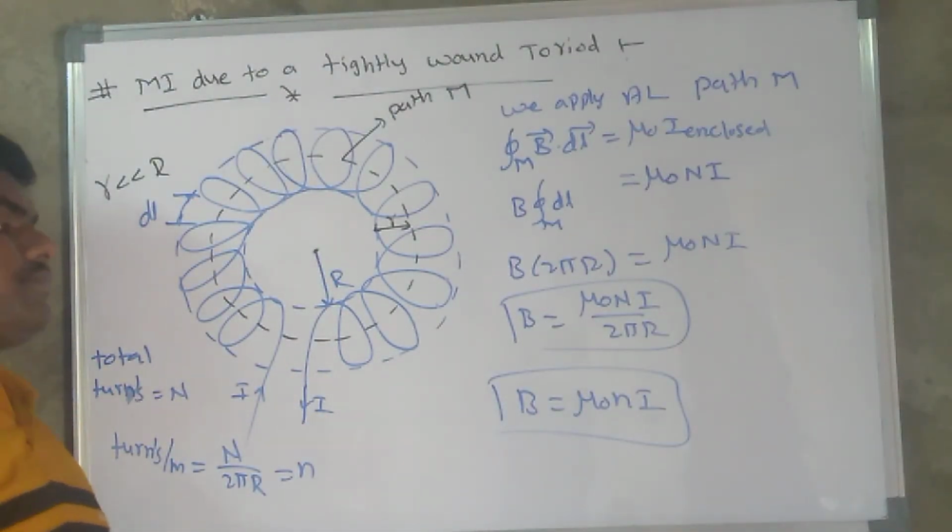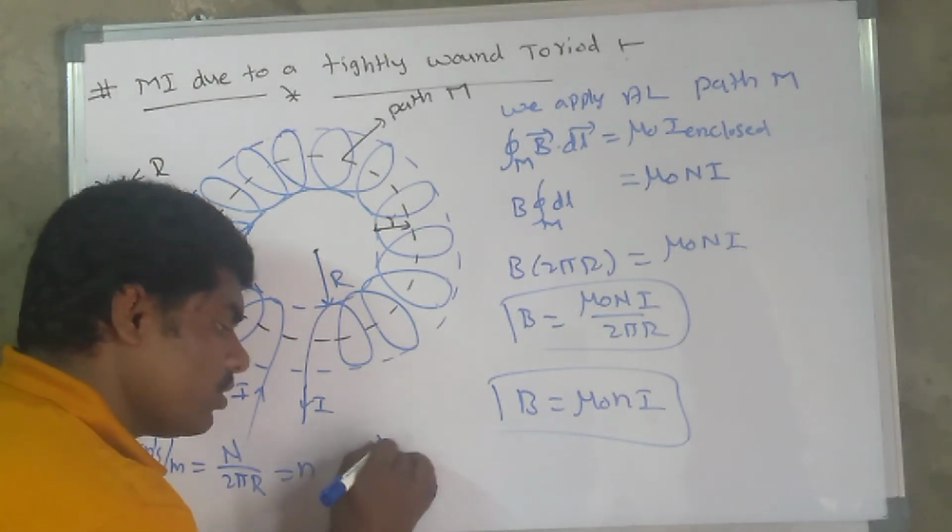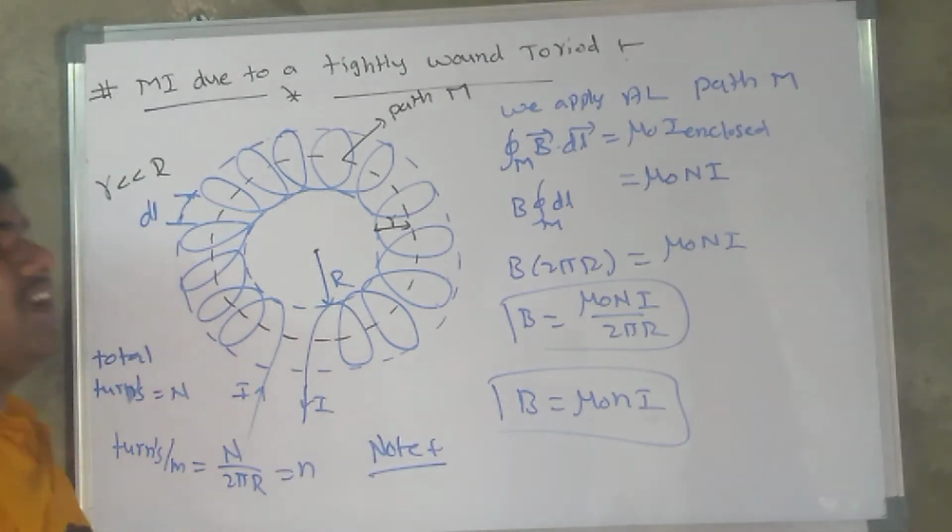This one is the magnetic induction due to a tightly wound toroid. So here is a very important note point: outside, the magnetic field becomes 0.